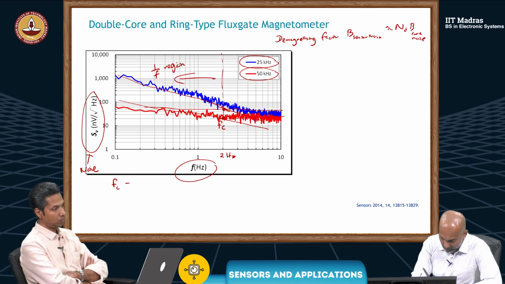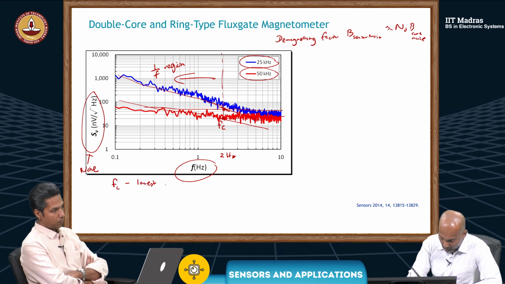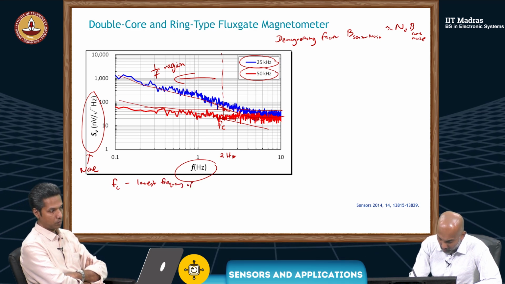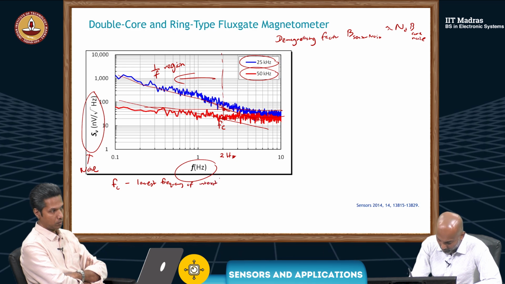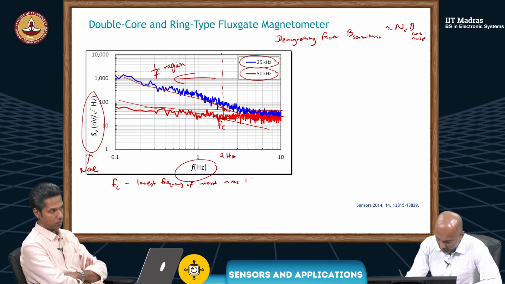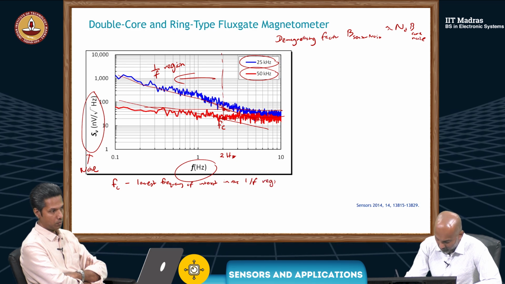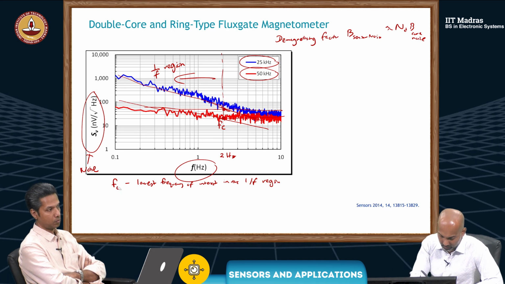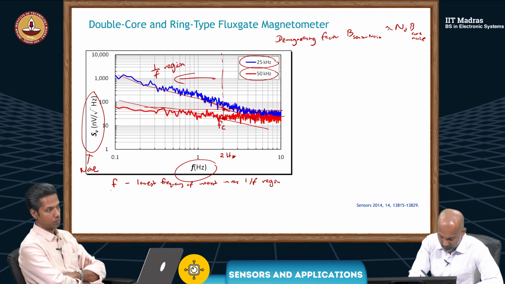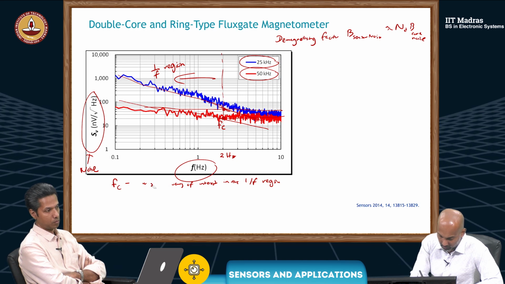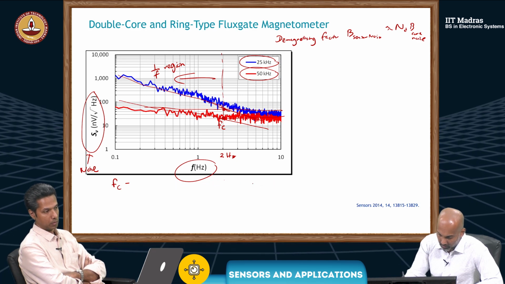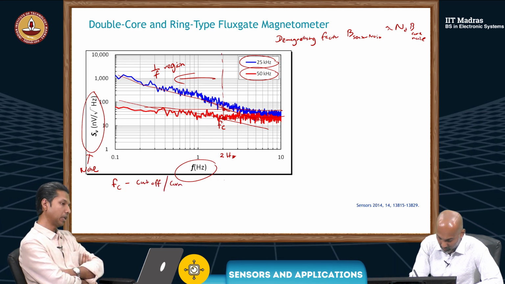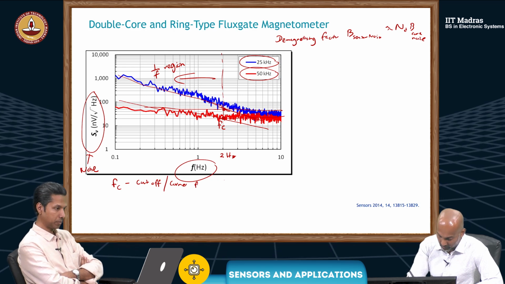FC is the cutoff frequency, or the corner frequency, because it's at this corner, the end of the 1/f region.